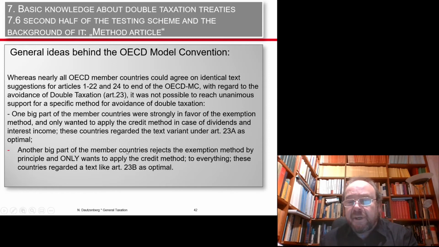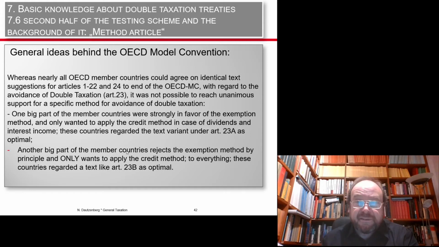So that was not possible to reach an identical solution with the methods to avoid double taxation, with the definition what the residence country is allowed or has to do. There was one big part of countries which wanted a text which said nearly everything is only taxed in one state.